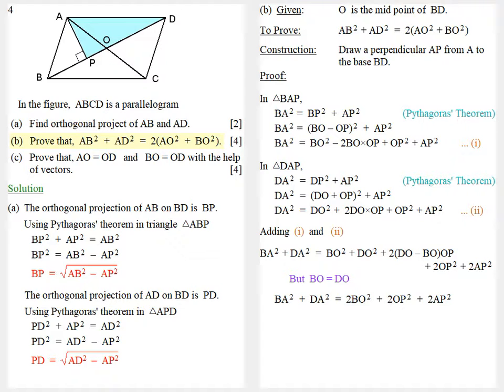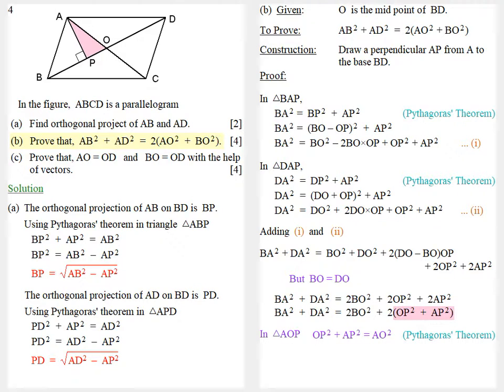Now if we factorise the last two terms on the right hand side, that simplifies down to BA squared plus DA squared equals 2BO squared plus 2 into OP squared plus AP squared. But if we look at the triangle AOP, from Pythagoras' theorem, we see OP squared plus AP squared equals AO squared.